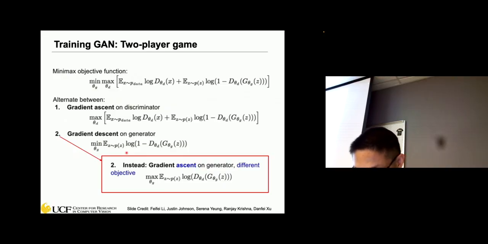Yes, so we want to maximize the generator generating something that's real. I now understand why this is ascent: here we have 1 minus, so we basically remove that, and that's why you have to do the opposite.